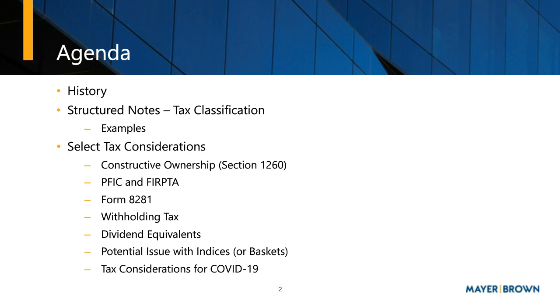From there, we're going to turn to structured notes and the tax classification. As with many things in the tax financial instrument space, it's all about classification. What is the instrument for federal income tax purposes? Because that then tells us the set of tax rules that we have to use to figure out the taxation of both the issuer and the holder.